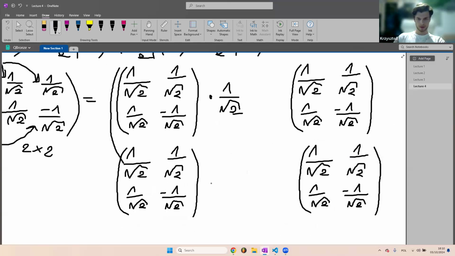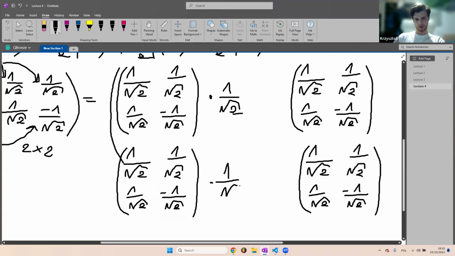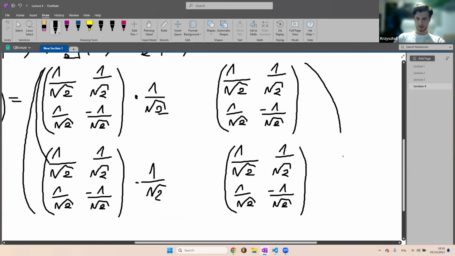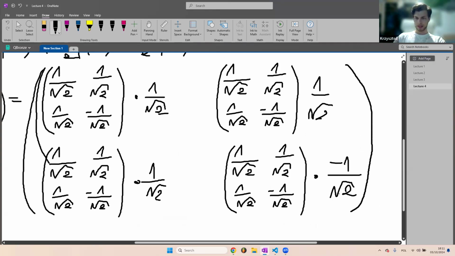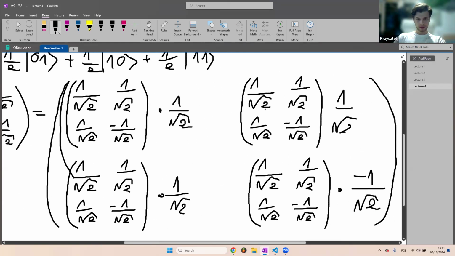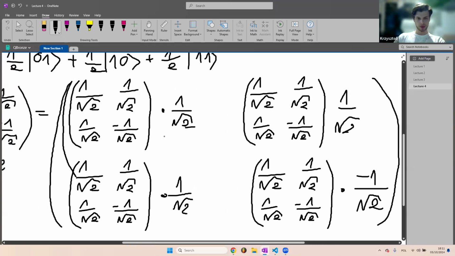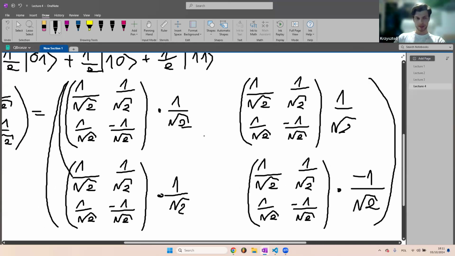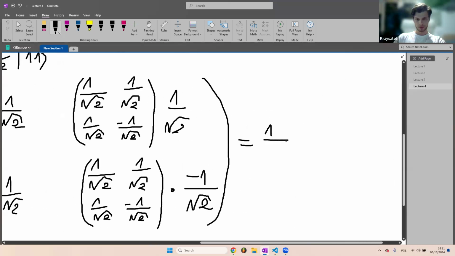Here shall also be 1 over square root of 2. Here will also be 1 over square root of 2. This is times, not minus. And this is times minus 1 over square root of 2. And the resultant matrix is, maybe now I can get rid of all of these square roots of 2 and write 1 over 2 in front of the whole matrix.